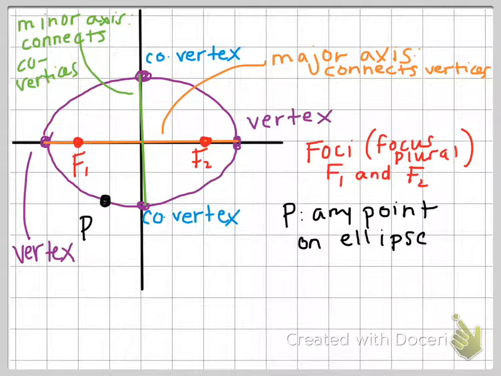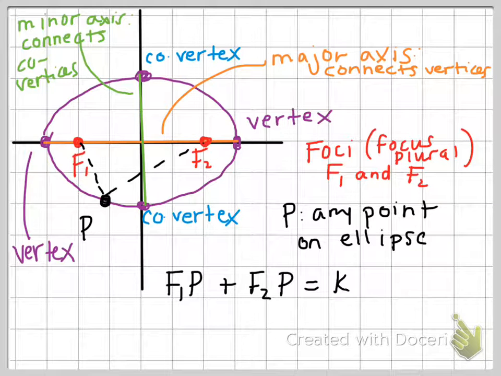What makes an ellipse is that if I find the distance from any point to the two focuses and add those together, so the distance from F1 to P and the distance from F2 to P, and I add those two distances together, they will always equal the same number for a given ellipse.